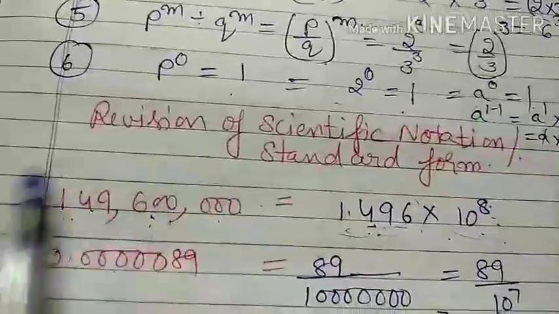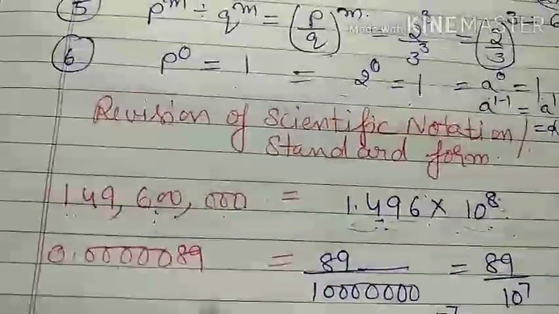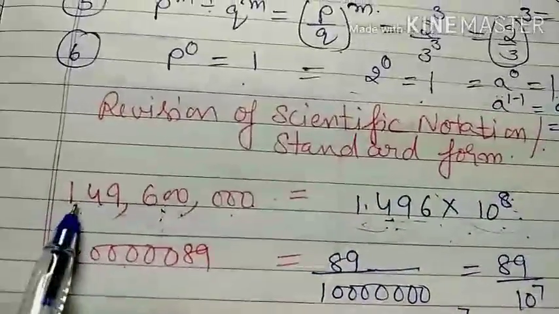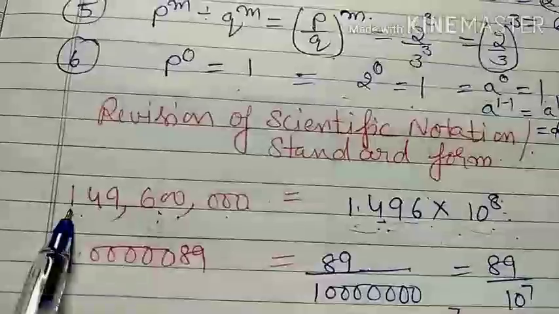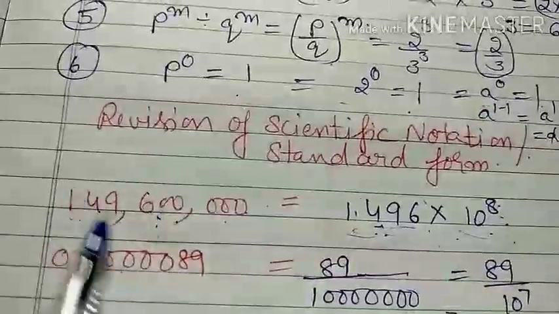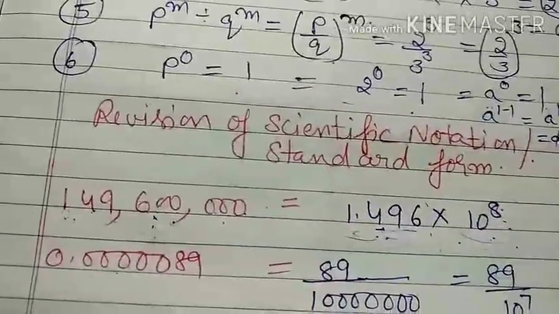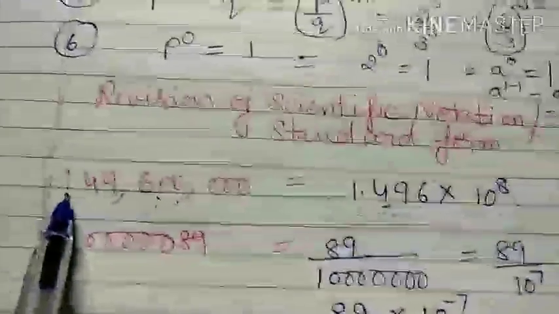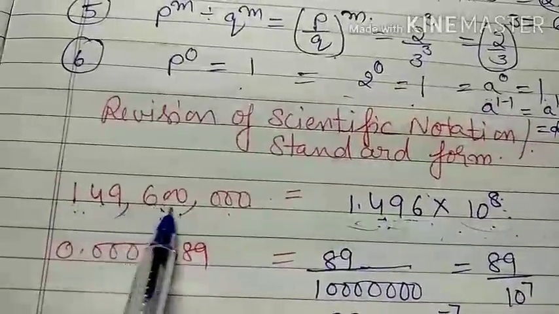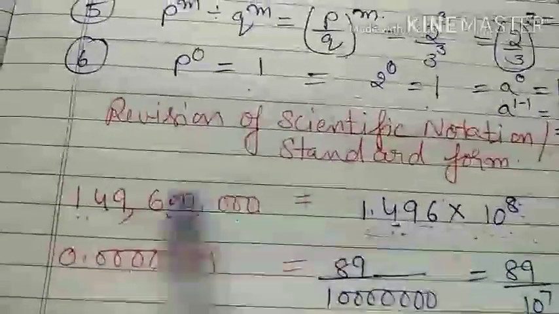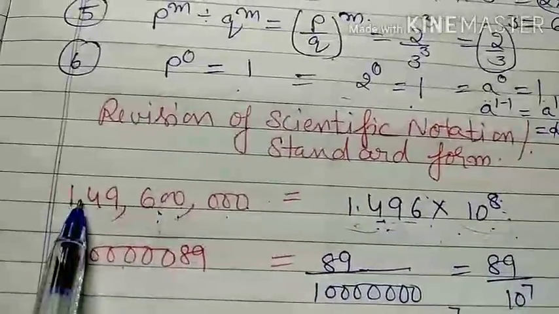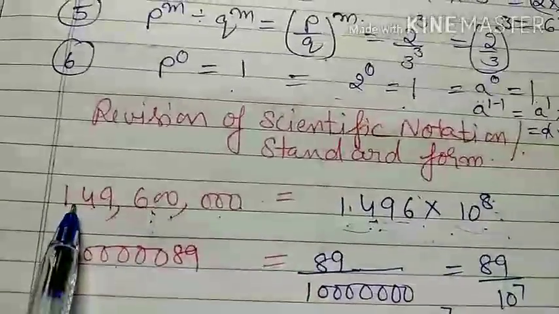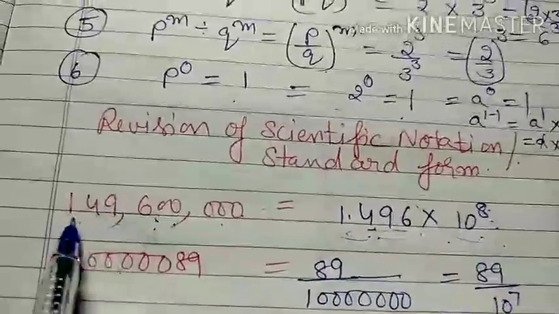The condition is that when you convert any number into standard form or scientific notation, you need the decimal after one digit, and the rest of the term will be in the form of a multiple of 10. So how do we write this? If I have a question like 149600000, I want to convert it into standard form. That means I need the decimal sign after one digit.